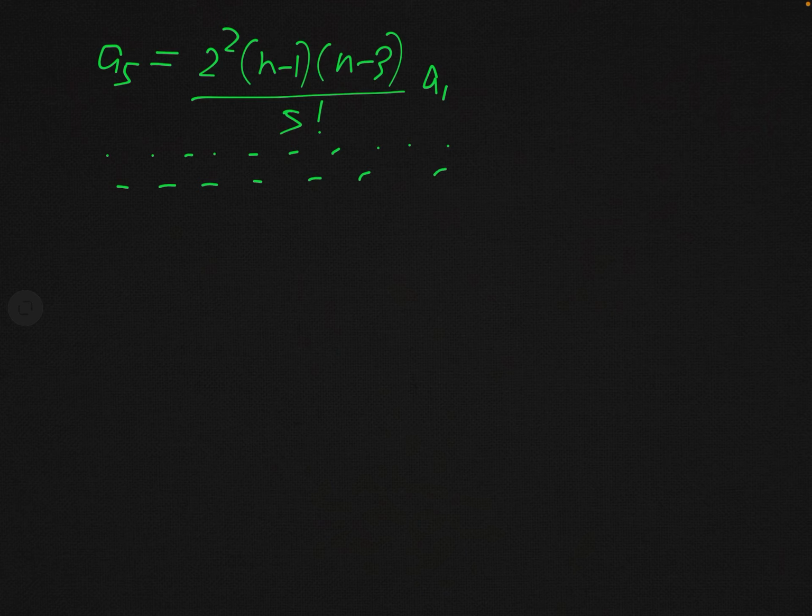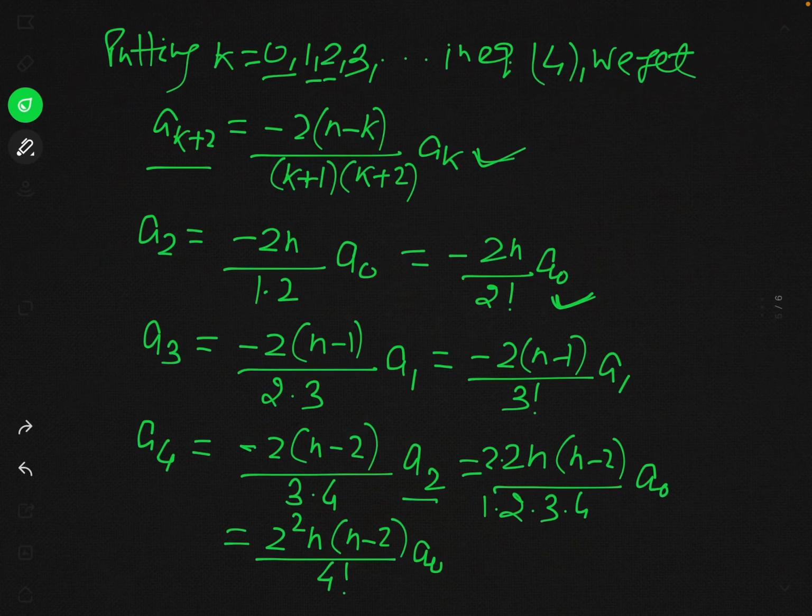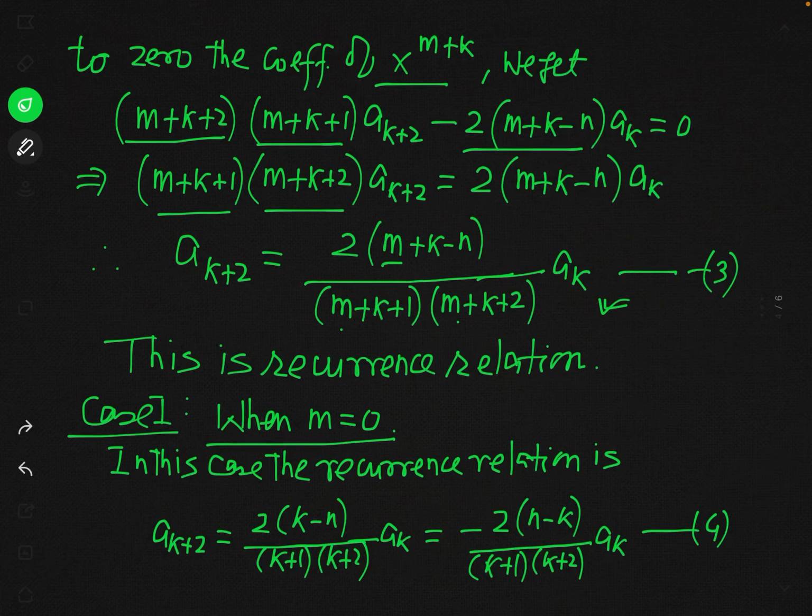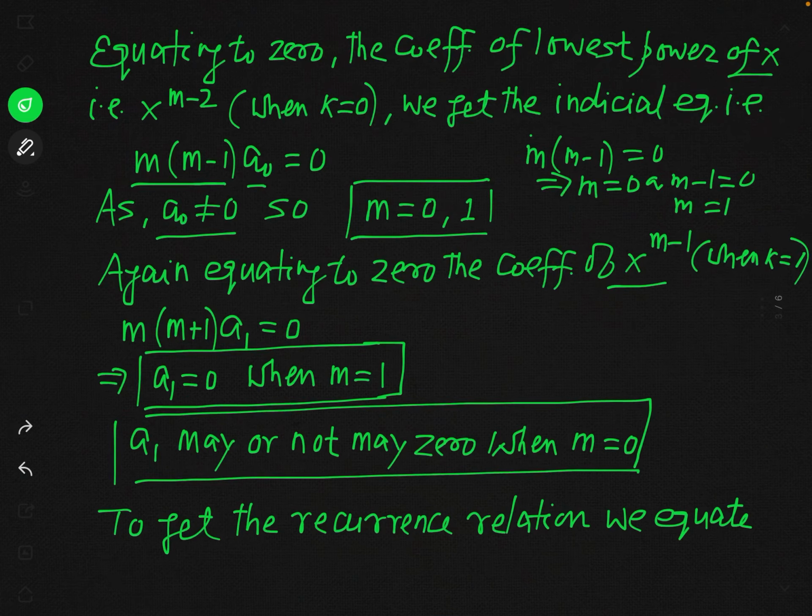Now, if a1 is equal to 0, because you have seen when m is equal to 0, then it is possible that a1 may be 0. You can see here that a1 may be 0 when m is equal to 0, and it may not be 0 too.